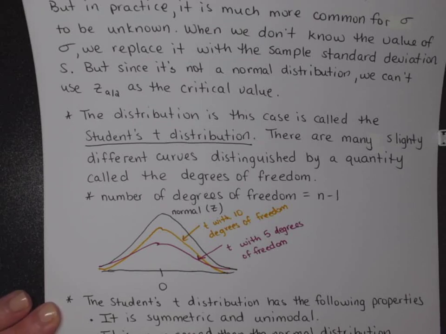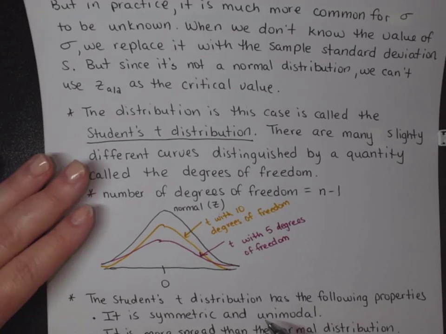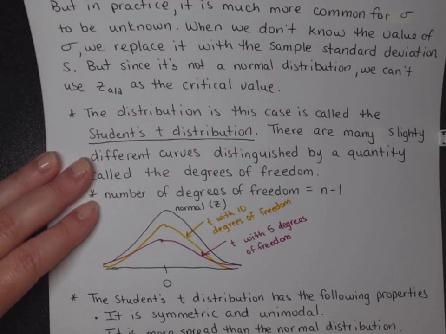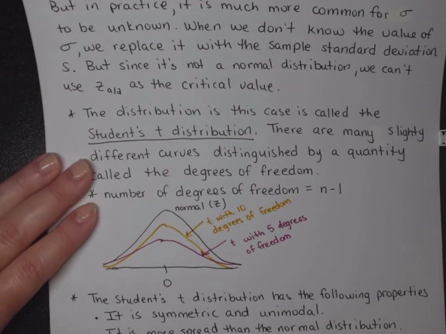And the last quality is if we increase the number of degrees of freedom, in other words, the n size, then we're going to get something closer and closer to the normal distribution.